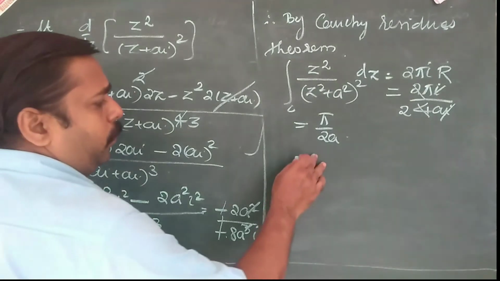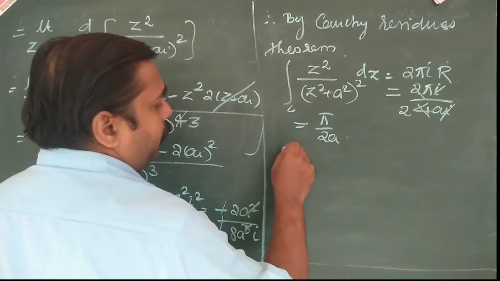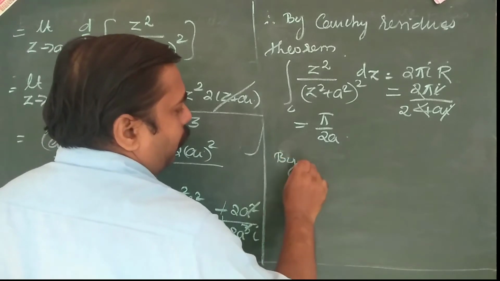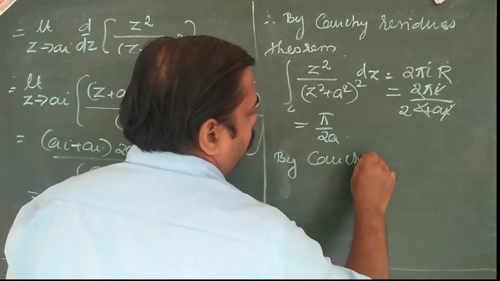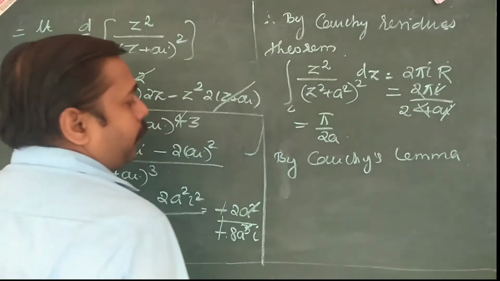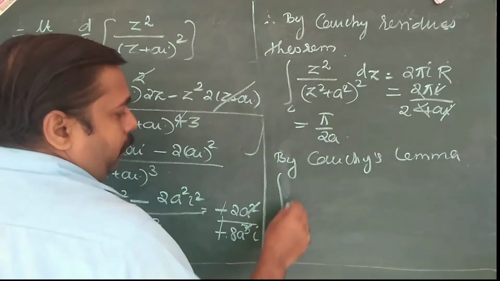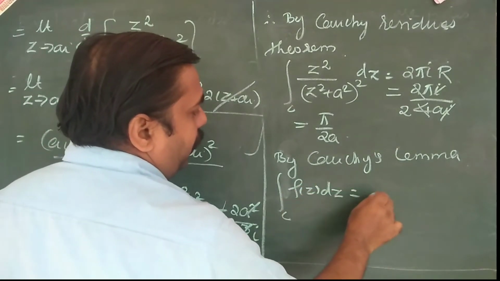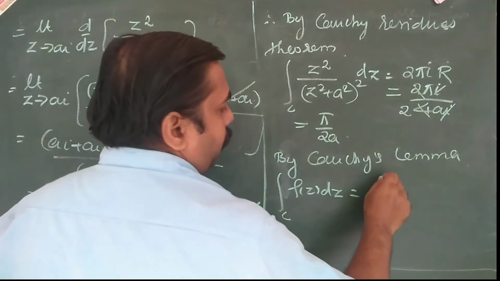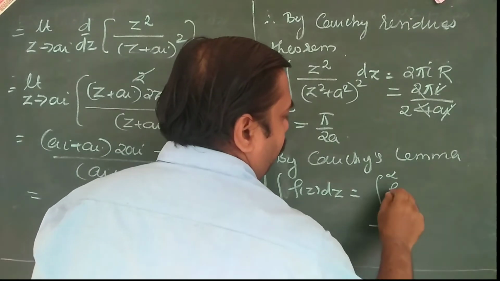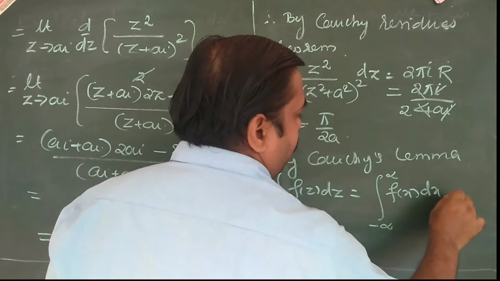Now, by Cauchy's lemma, integral over c f of z dz is equal to integral from minus infinity to infinity f of x dx.